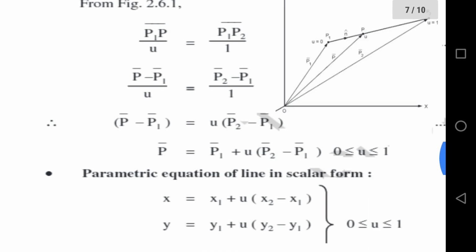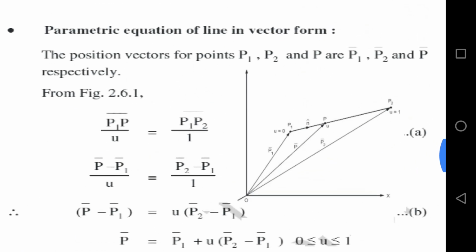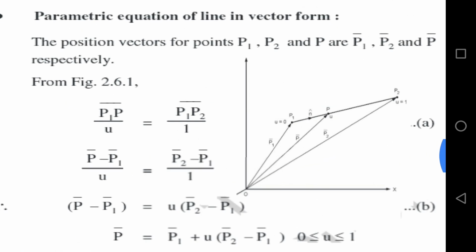Next comes the parametric equation of the line in vector form. I said it has the positional vectors for points P1, P2 and P, and those are P1 bar, P2 bar and P bar respectively. We need to find the parametric equation of any point on the line in the form of a vector.